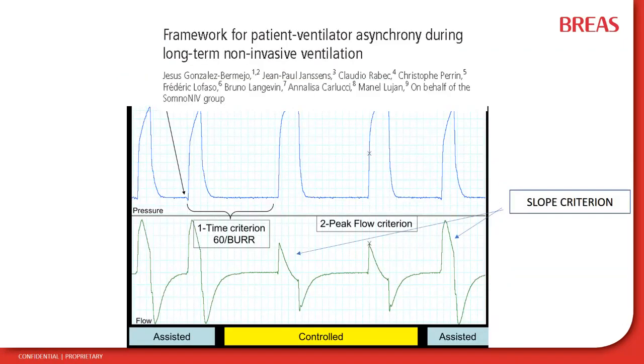In fact, we also described a slope criterion to distinguish between the controlled and assisted cycles. The slope is usually lower in the controlled cycles compared with assisted cycles.